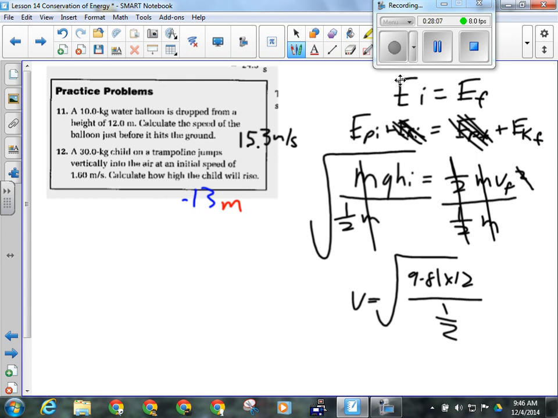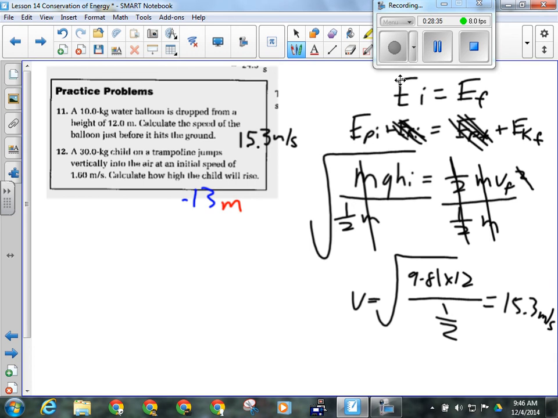Dividing by 1/2 is not the same as dividing by 2. Dividing by 2 puts something in half, while dividing by 1/2 actually multiplies something by 2. When we do that, we should get 15.3 meters per second. Questions on 11 there? Okay, how many people are done 12?